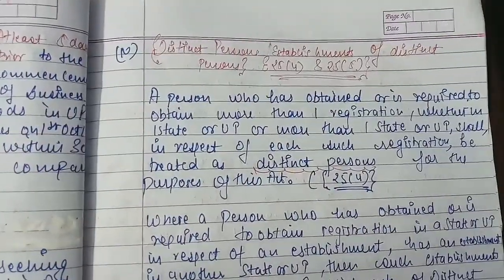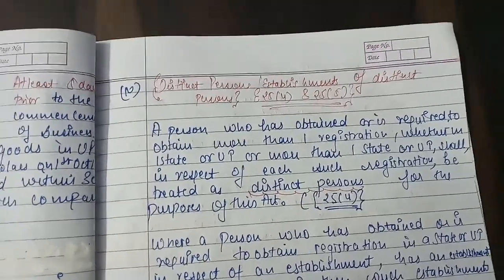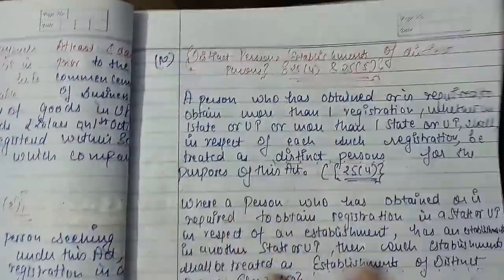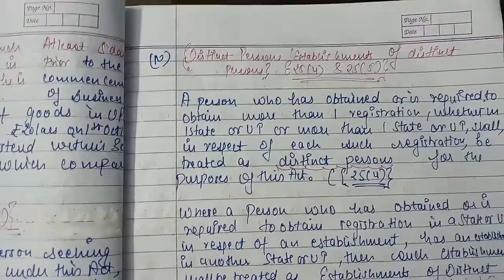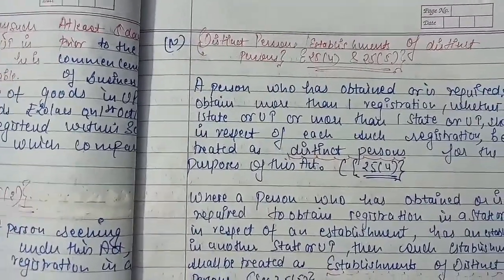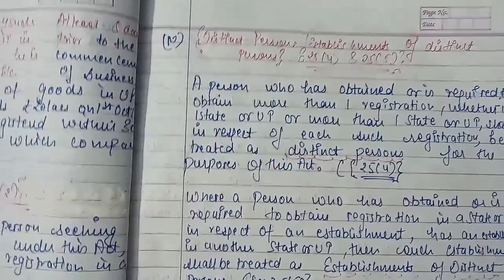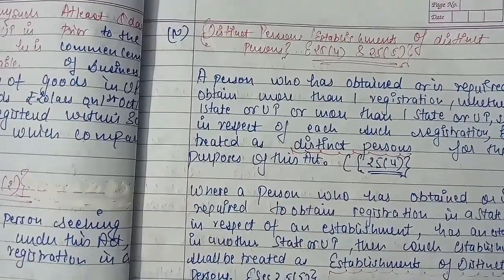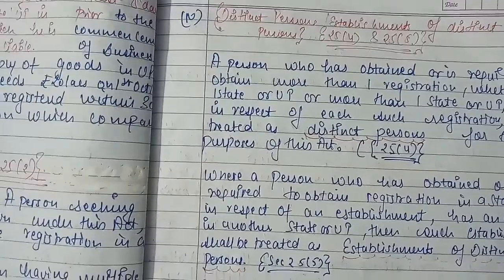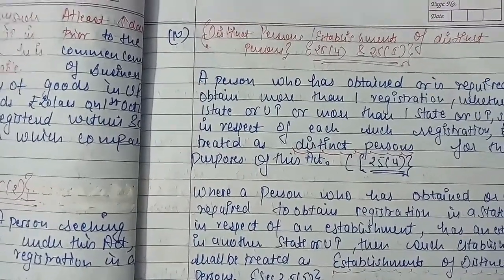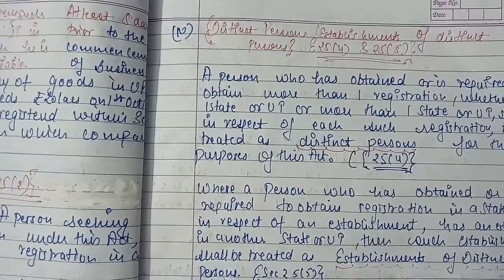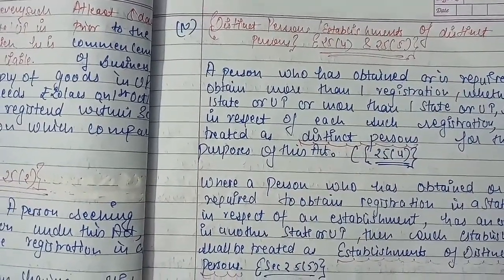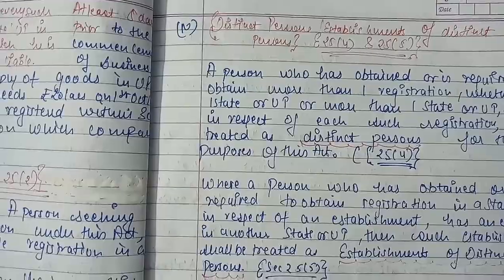Now, its next subsections, 25 subsection 4 and 5, stand for distinct persons or establishments of distinct persons. A person who has obtained or is required to obtain more than one registration, whether in one state or union territory, or more than one state or union territory, shall in respect of each registration be treated as distinct persons for the purposes of this Act.